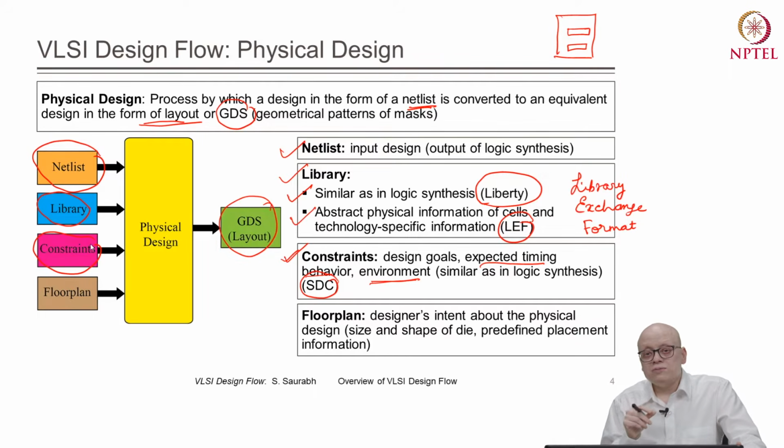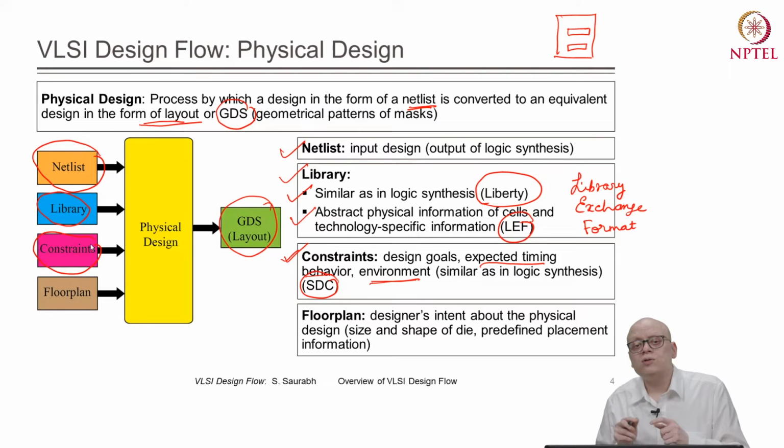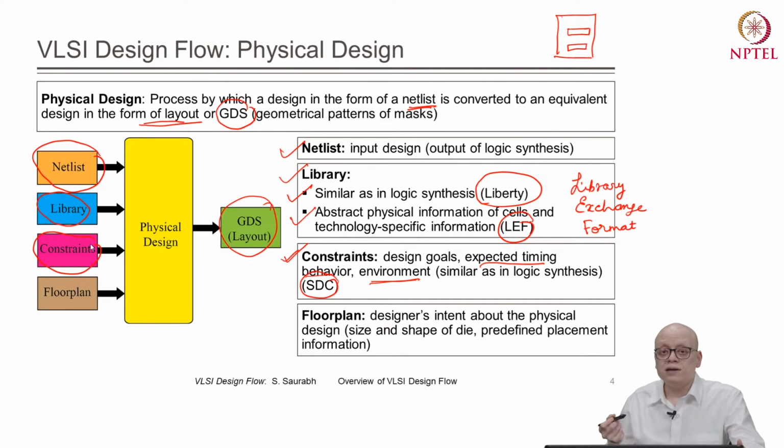So, we should know what should be the die size or the maximum area that the layout can take, and what should be the shape or aspect ratio of the die and so on. So, those information are basically related to the floor plan or a top level description of the layout or how the layout looks like, the size, the shape of the die, and probably we also need to give, say, a predefined location for some entities.